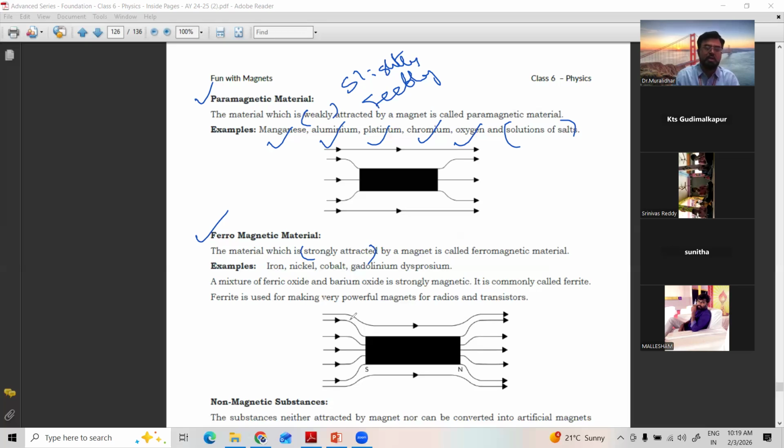Ferrite is used for making very powerful magnets for radios and transistors. So not only individual nickel, iron, cobalt, but also alloys like ferrites. Ferrites are nothing but ferric oxide and barium oxide. They are combined and used to make the magnet.